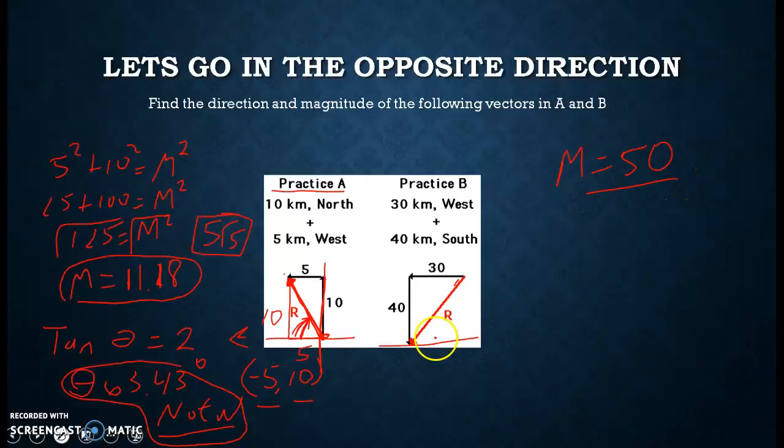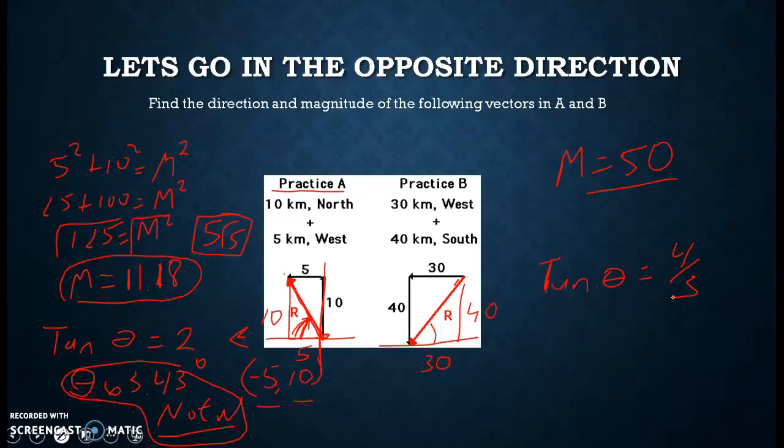But then I want to figure out what this angle measure is. And so I know that this side over here is 40 and the side down here is 30. So I can say I want the tangent of my angle measure. The tangent of my angle measure, I'm going to call it theta, is equal to 40 over 30, which reduces to 4/3.